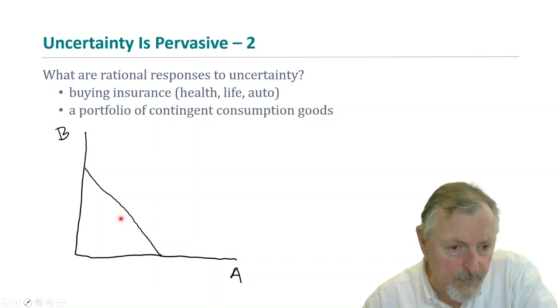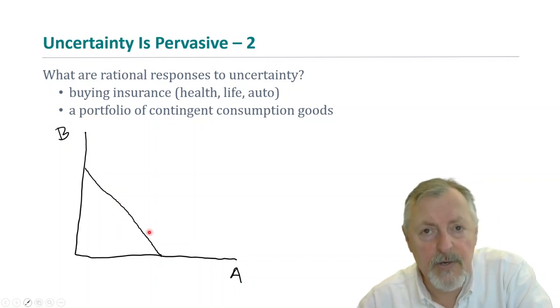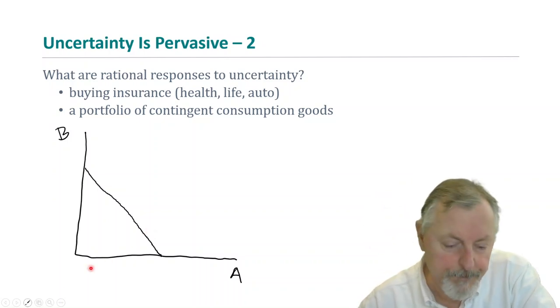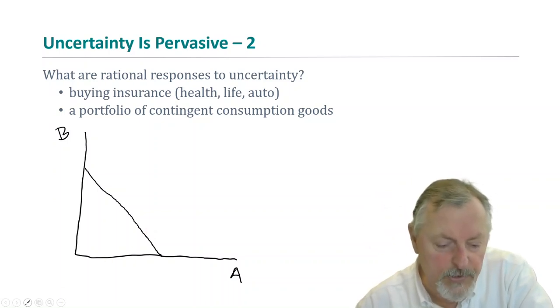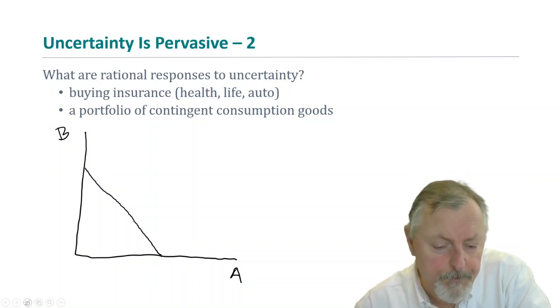If you give up this much B, you can get that much A in return. It's the slope of the line. So that's the rate at which you can exchange A for B.